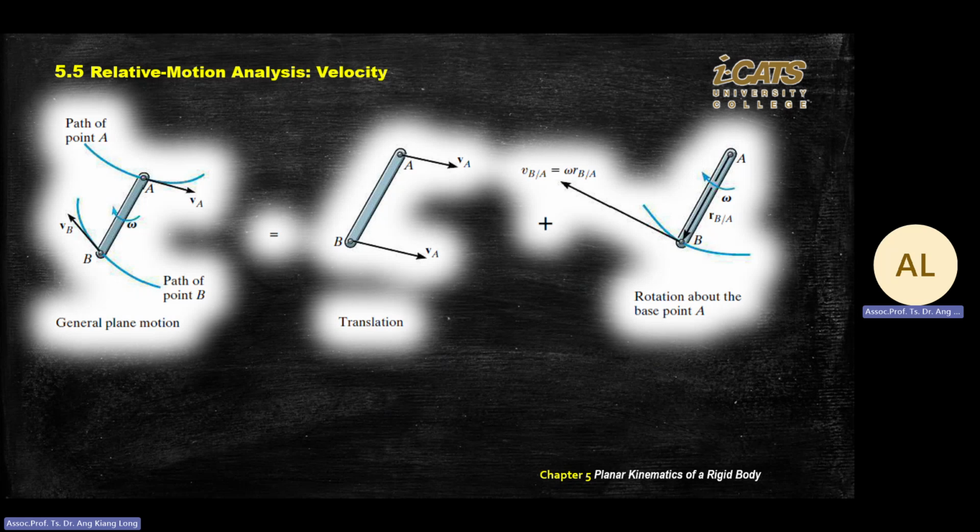Then you have a relative from A to B. So you write position of B referring to A, RB stroke A. And then the relative velocity of B to A is pointing this way, and not this way, because of the clockwise rotation.